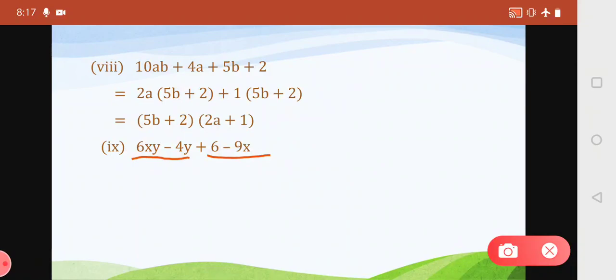Similarly, in the second group we can take 3 common. But when we do it this way without rearranging, there will be a problem in sign, as we are not getting the same sign in both the brackets. So for that purpose, we first have to rearrange the terms of this expression.